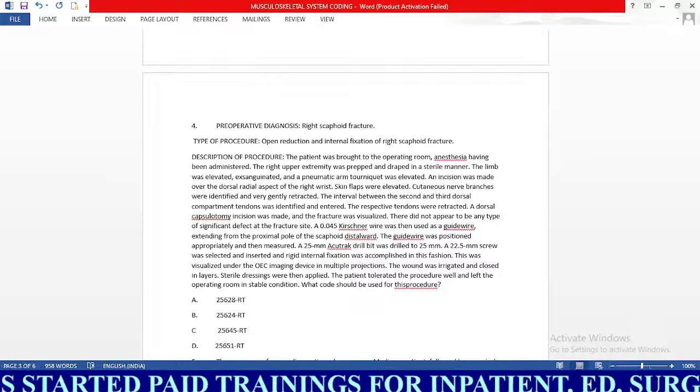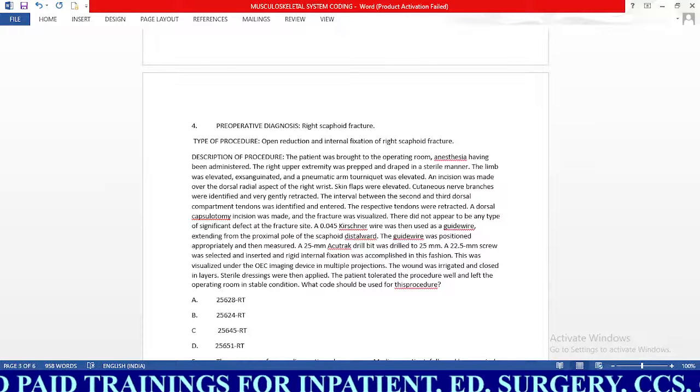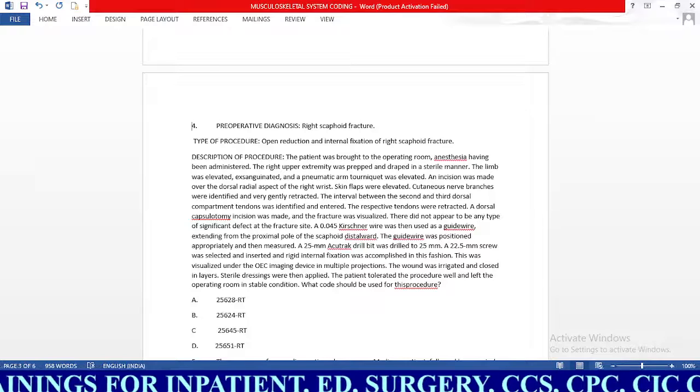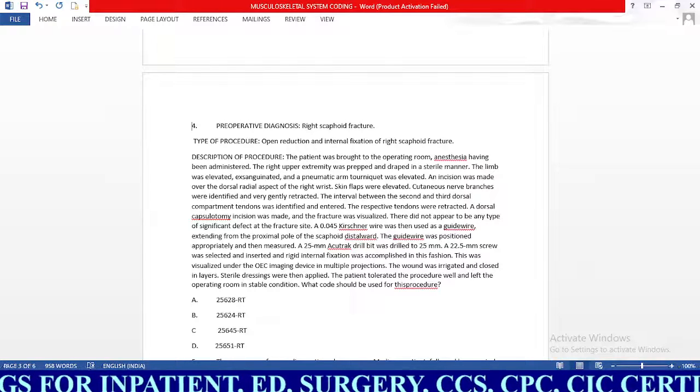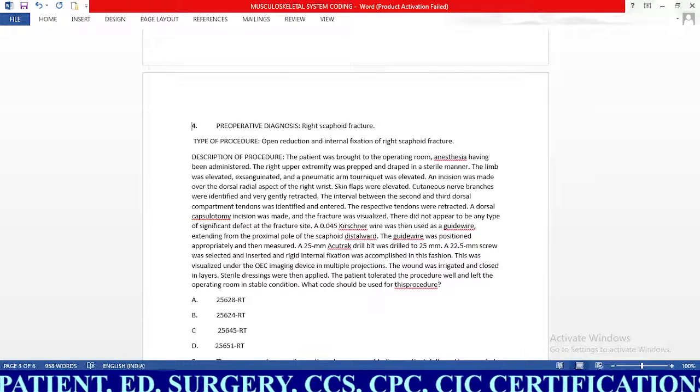So nothing secret here. You just need to check the code descriptions and our operative procedure. Spine procedures are a little bit confusing, but the patient's position plays a very important role in spinal procedures.